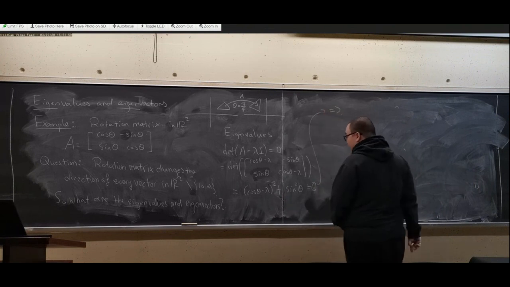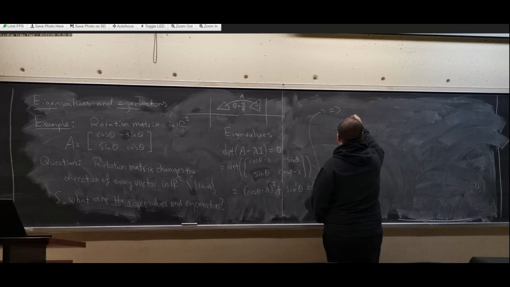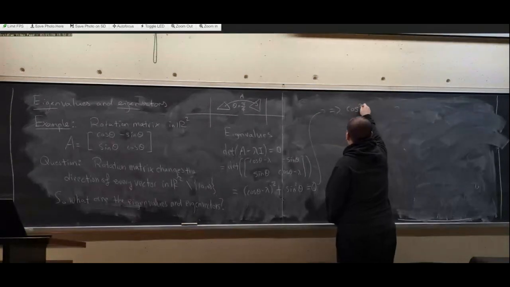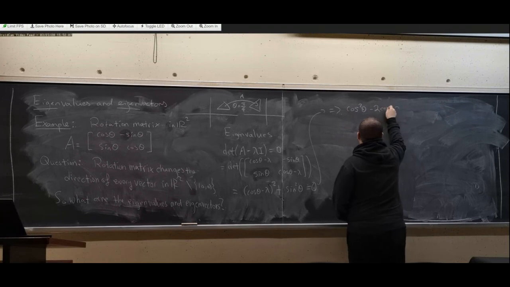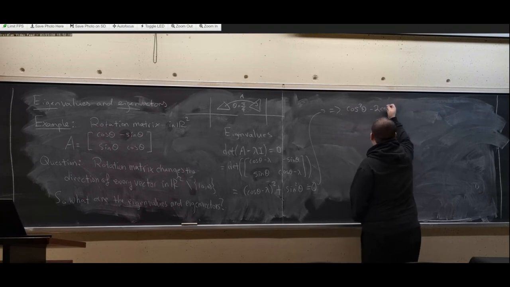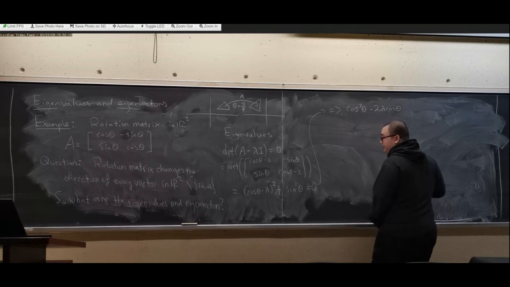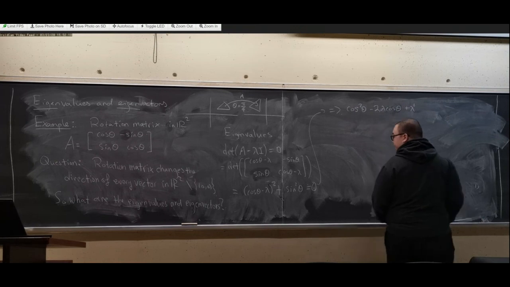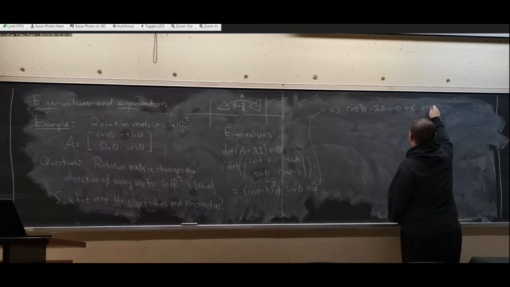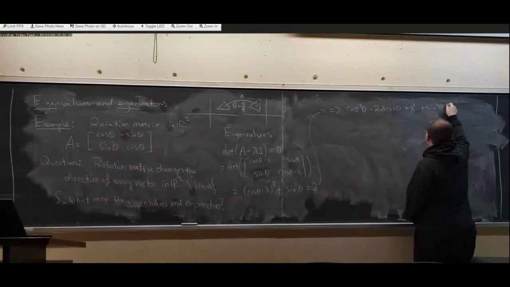So cosine minus lambda, the entire thing squared, I get cosine squared theta minus 2 lambda cosine theta plus lambda squared, and plus sine squared theta.